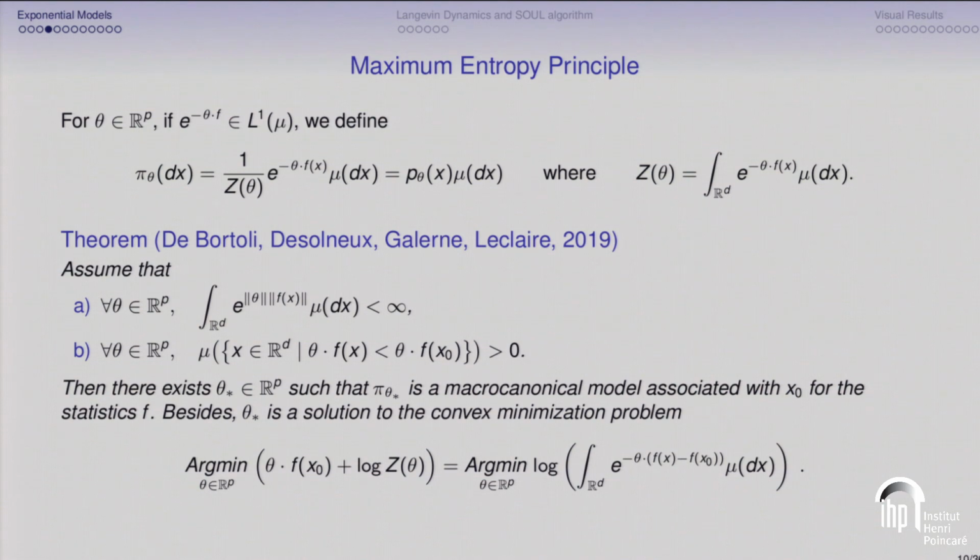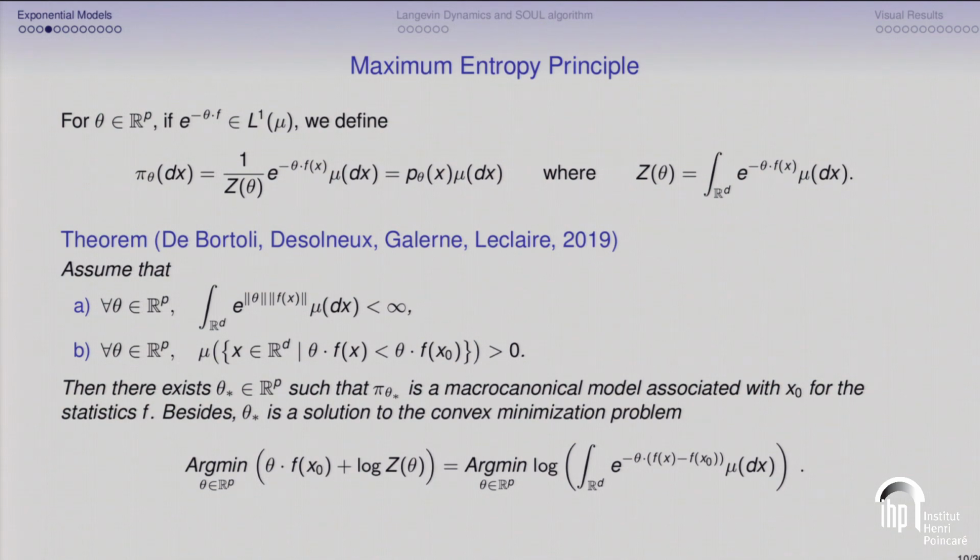And so the explicit form of the texture model is an exponential distribution linked to the scalar product of theta and the features f of x. And you have to divide by a partition function Z of theta, which is, of course, very difficult to compute in practice. It's usually intractable.